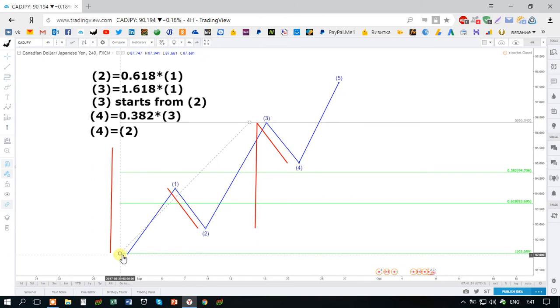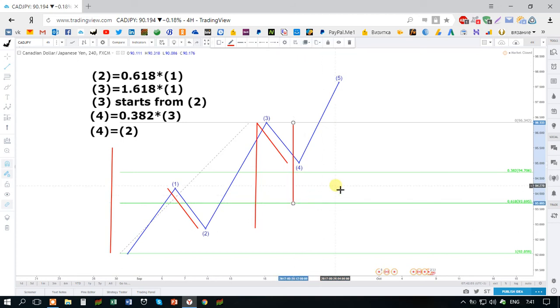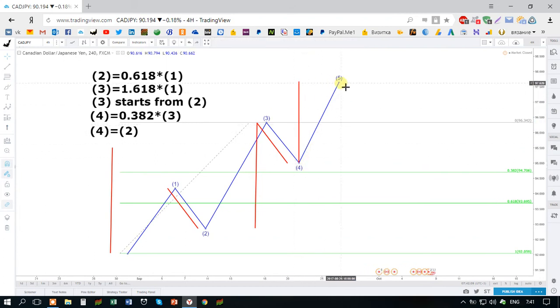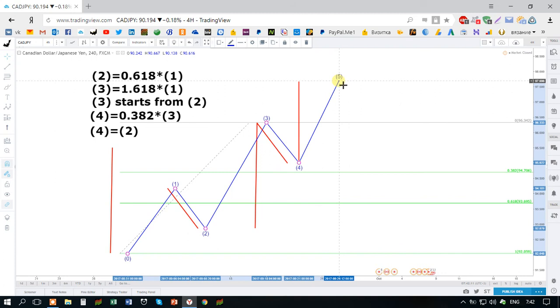This is the distance from 0 to 3. Then we should take 0.618. It is this 0.618, yes. And we should start it from wave 4, because wave 5 starts from wave 4. So my eye is ideal as well. So I just showed you this.